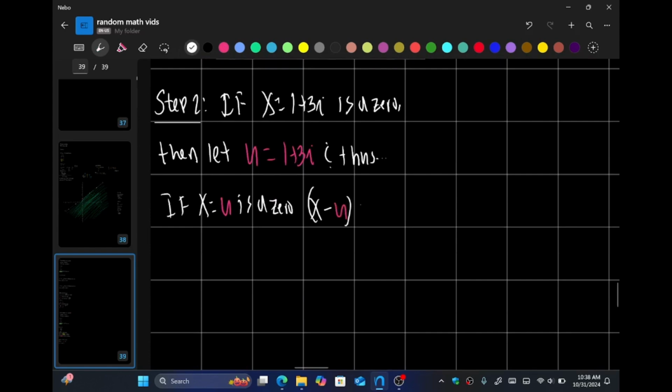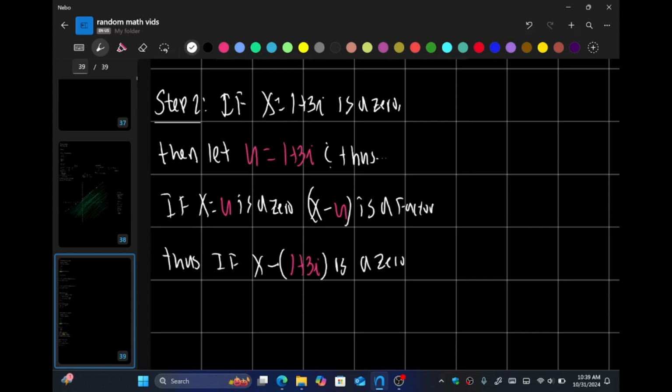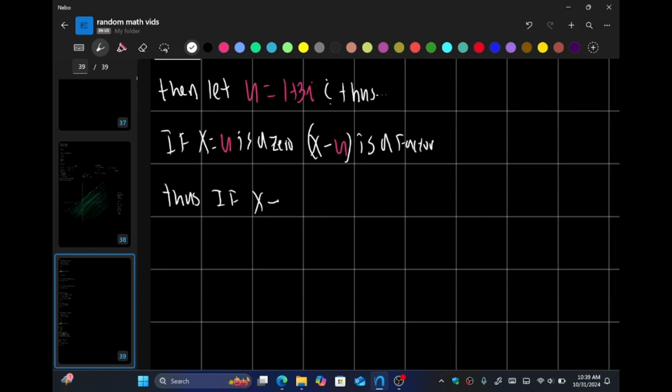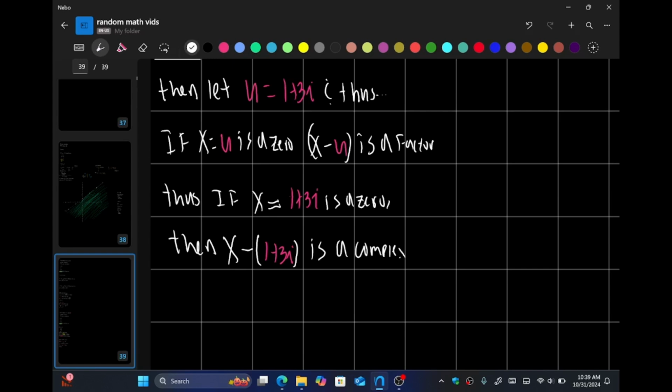Thus, if x equals 1 plus 3i is a 0, then x minus the quantity 1 plus 3i must be a factor, a complex linear factor.